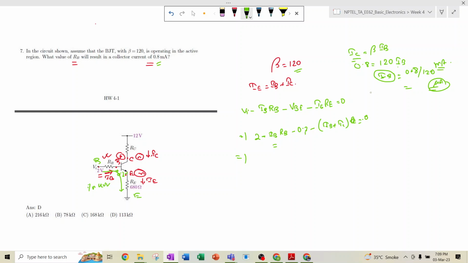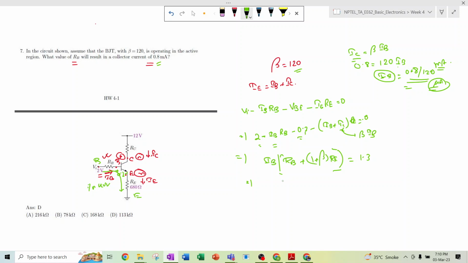So IB is 0.8 divided by 120 milliampere, and IC is beta IB. If you take IB common, it is RB plus (1 plus beta) into RE is equal to 1.3, that means 2 minus 0.7.